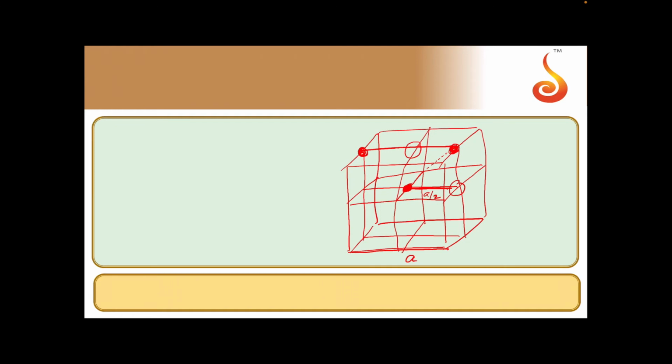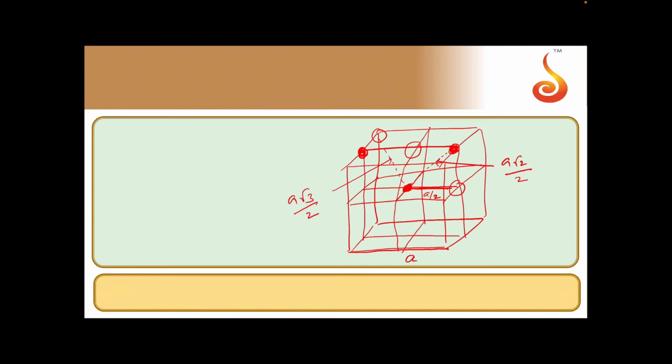A root 2 by 2 will come from here to here. This will be A root 2 by 2. Now here we have Na plus, this will be again Cl minus. Now when you take this distance here, this will be A root 3 by 2.